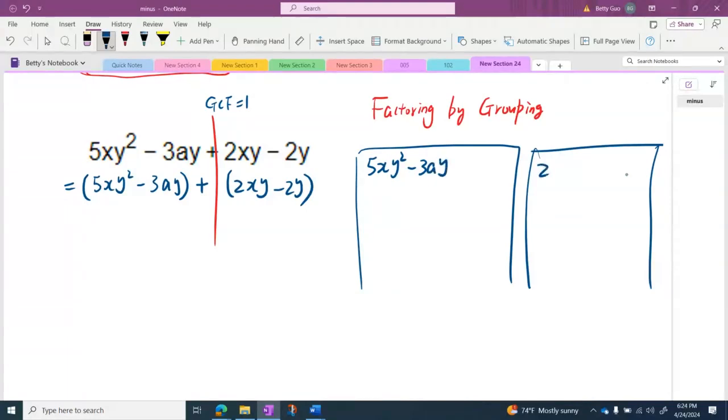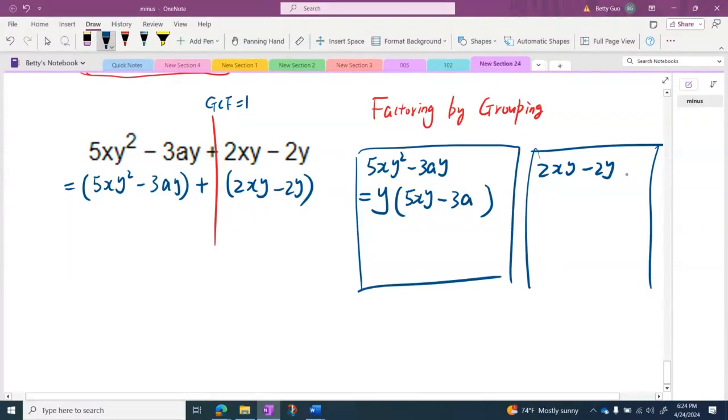And second box, we're going to have 2xy minus 2y. And those 2 terms, let's find the GCF in the first box. GCF is y. And then we factor y out. We have 5xy minus 3a here. And in the second box, the GCF of 2xy minus 2y is 2y.